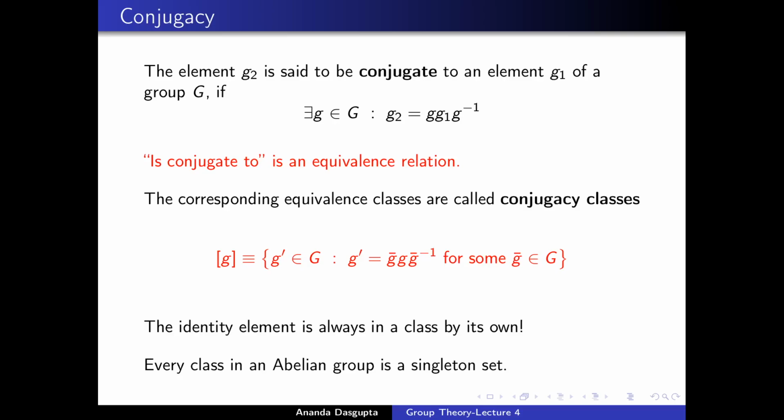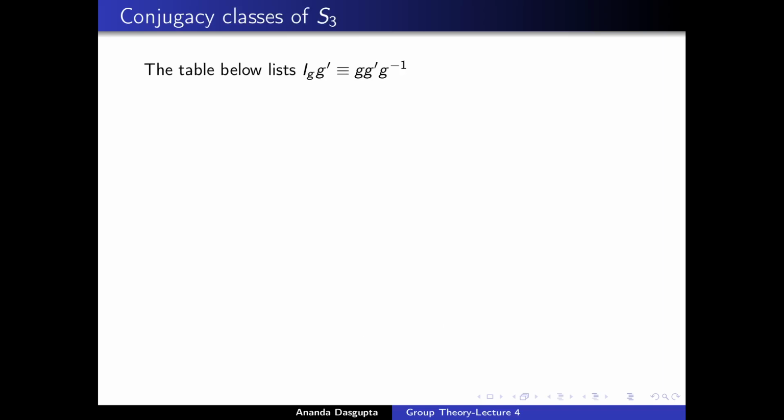Let me just quickly remind you that this group had 6 elements, 3 reflections A, B and C, and 3 rotations, E doing nothing, D 120 degrees, F 240 degrees. And we had actually built up a complete multiplication table for this in a previous lecture.